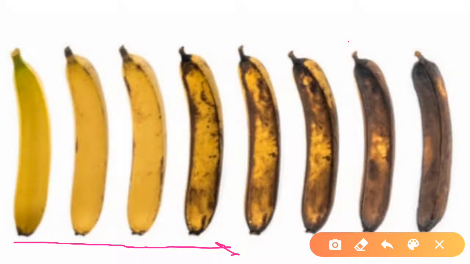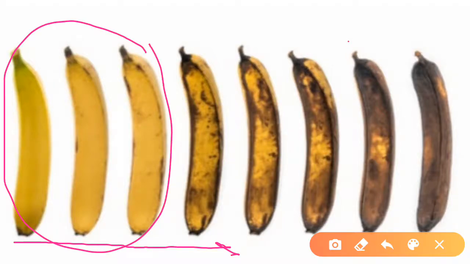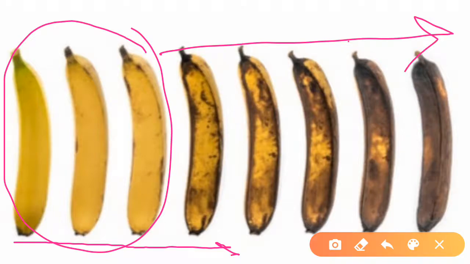In the first stage, you should observe the color. The color of the banana has to change by the end of the day. If we take the first day, second day, third day, you should observe the change of color.